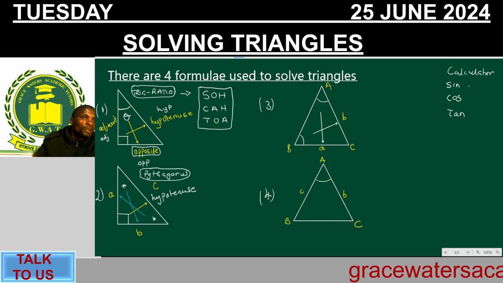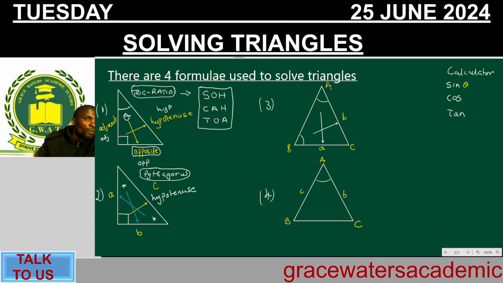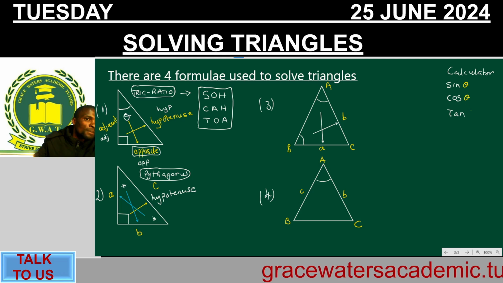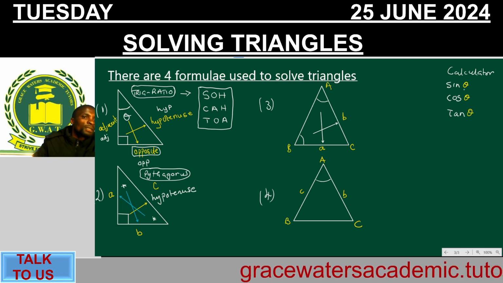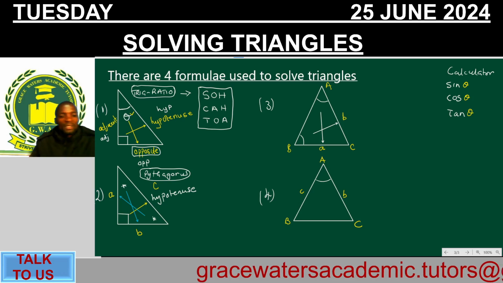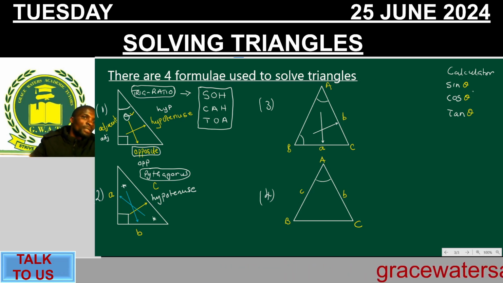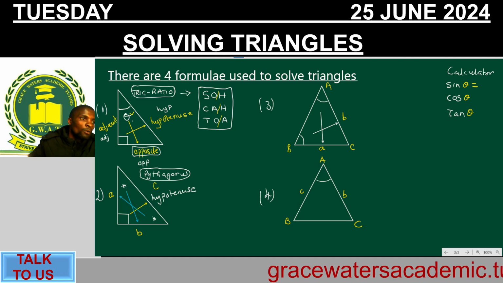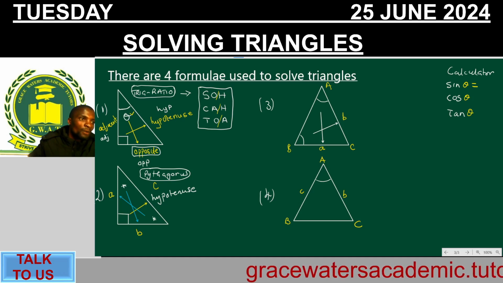Okay, so it says that when you have this angle, let me say theta, the sine of the angle theta is given by what? Now let us put an imaginary stroke here, an imaginary stroke here, and a stroke here, meaning to say it's O for opposite over H for hypotenuse.